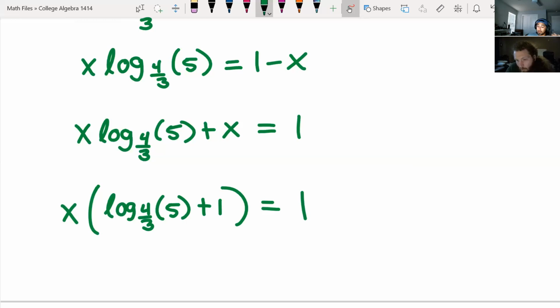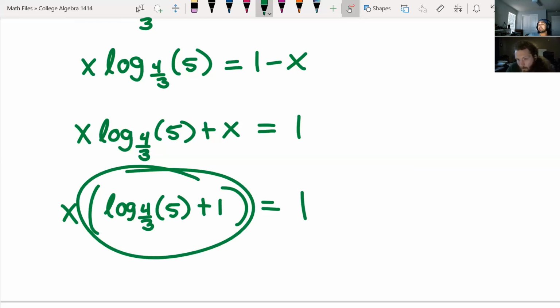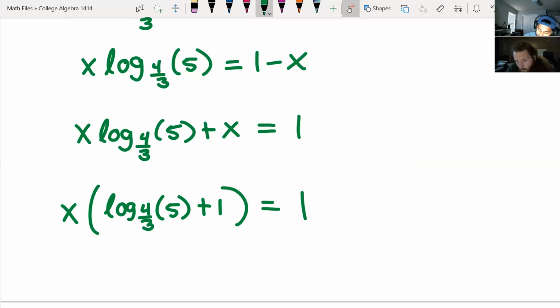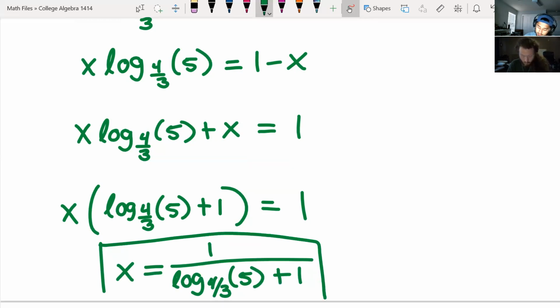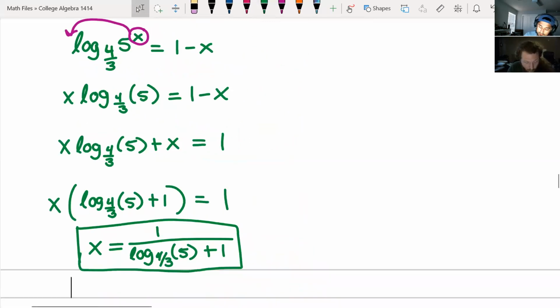And we're going to divide by all of this nastiness. So our final answer is x equals 1 over (log base 4/3 of 5 plus 1). Boom, boom, and boom. Yeehaw.